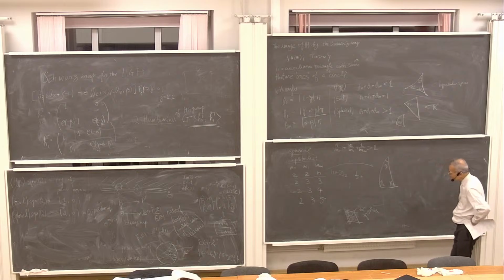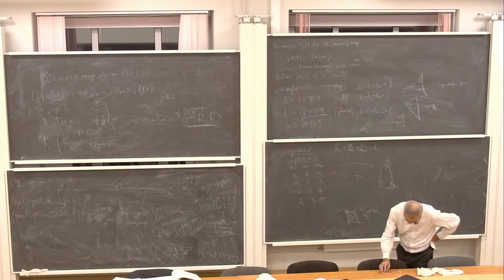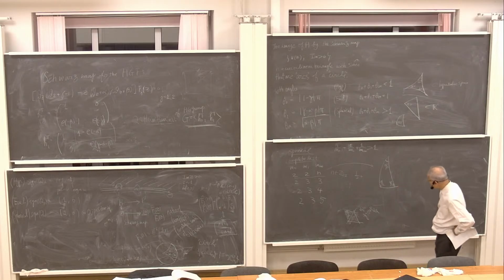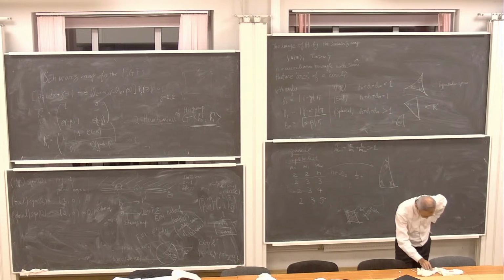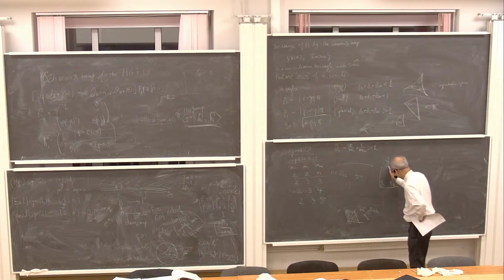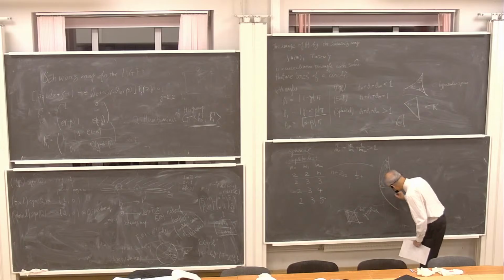Such kind of triangle I get as the image of the Schwarz map. This one is the image of the upper half plane, and the lower half plane we have the same image.